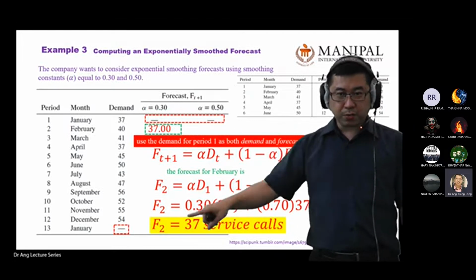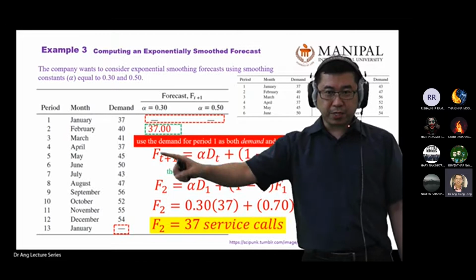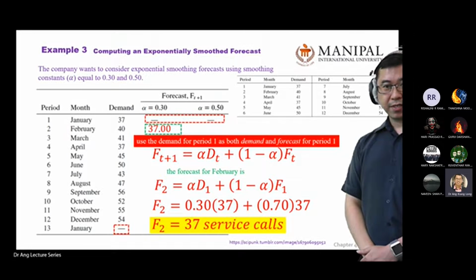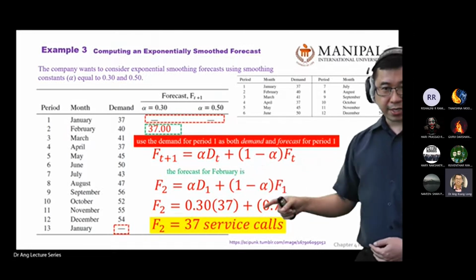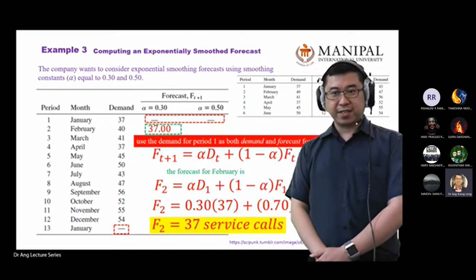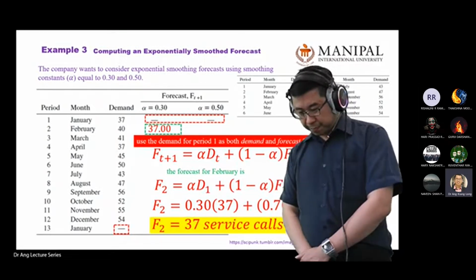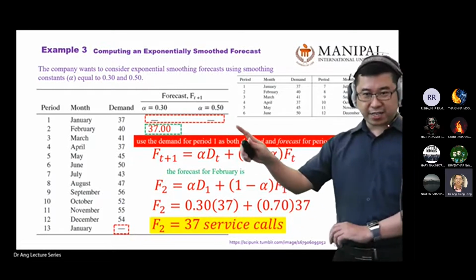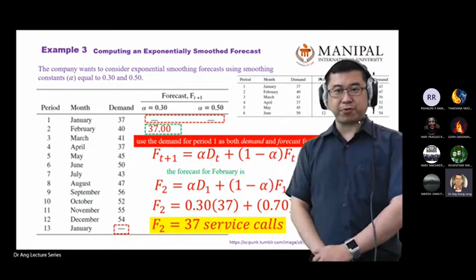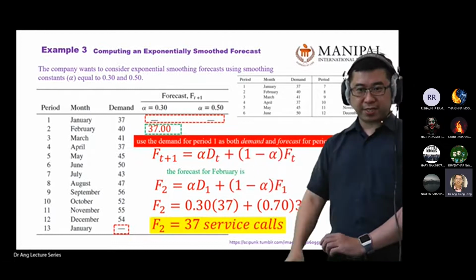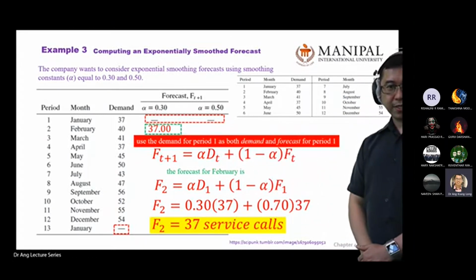You have two columns to calculate: one column is 0.3, one column is 0.5. This calculation is for the green box area. I will answer your question later. I have one example for 0.5. We are now focusing on 0.3.